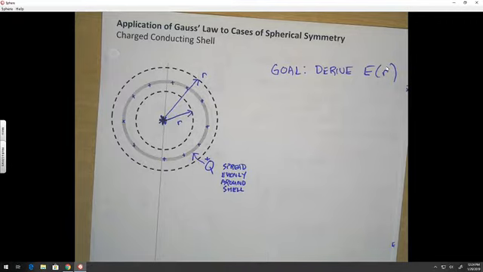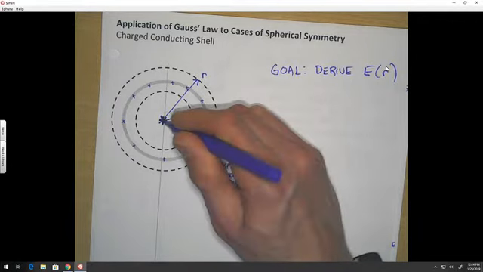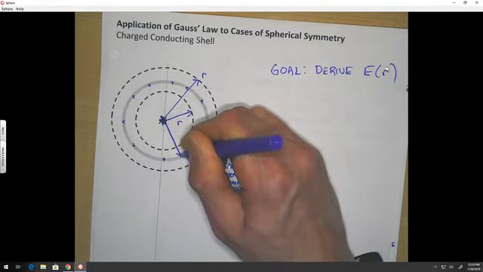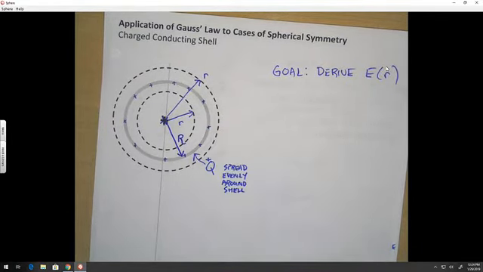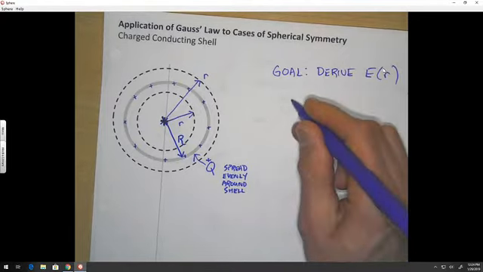The other thing I'm going to put in my picture right now before I forget is the radius of the actual shell, which I'm going to give the label big R. And we'll try to reserve uppercase letters for the actual physical dimensions of something. So big R is the radius of the shell. Okay, so let's write Gauss's law.